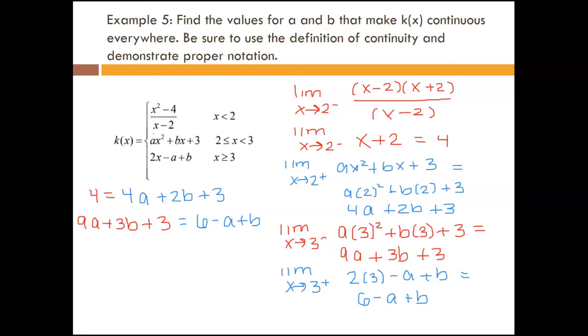So both of these statements have to be true for the function to be continuous. So let's rearrange these terms to look like a system of equations, and let's solve for a and b using our systems of equations way back from Algebra 2.